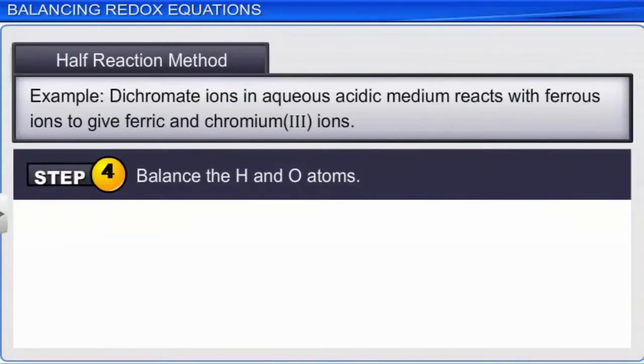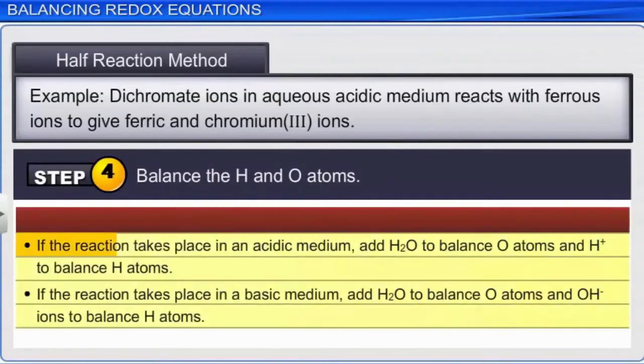If the reaction takes place in an acidic medium, add H2O to balance O atoms and H plus to balance H atoms. If the reaction takes place in a basic medium, add H2O to balance oxygen atoms and OH minus ions to balance hydrogen atoms.